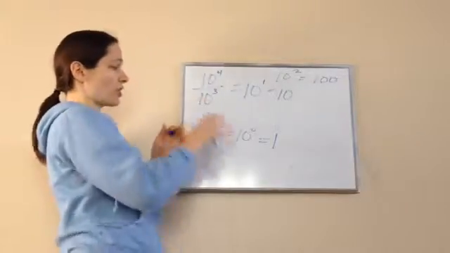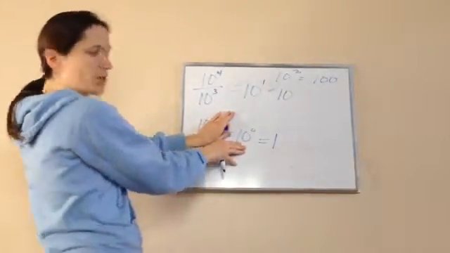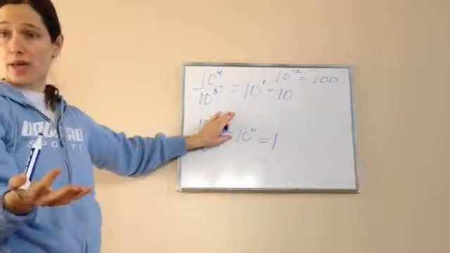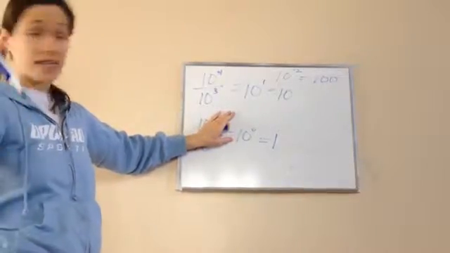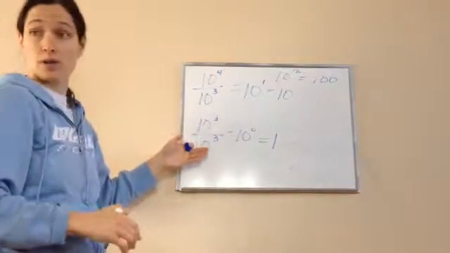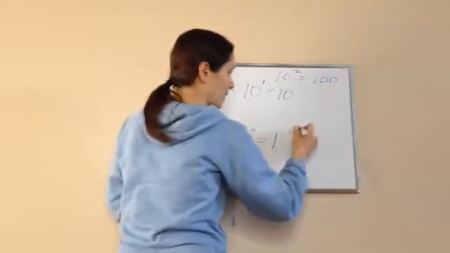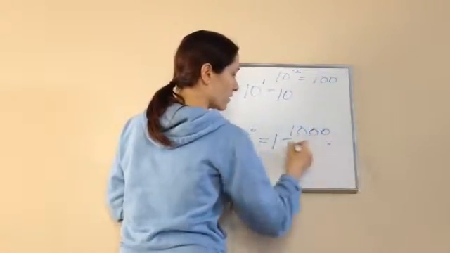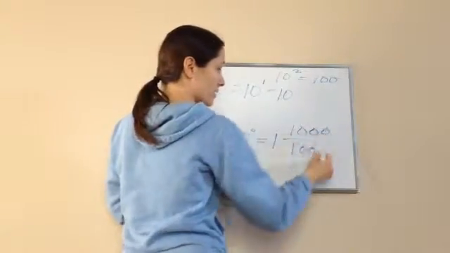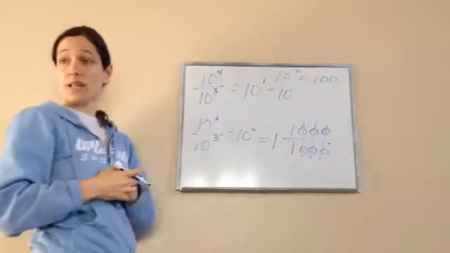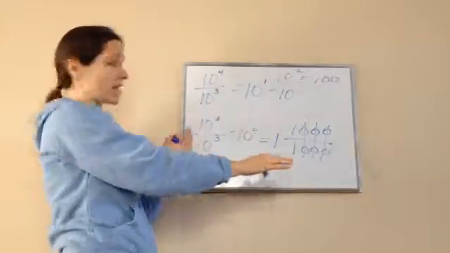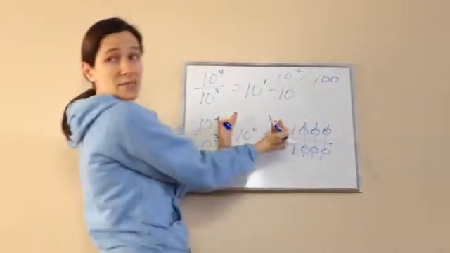So when you looked at this, 10 to the 0, you wouldn't automatically go, okay, that equals 1. But if you actually work it, 10 to the 3rd power divided by 10 to the 3rd power, you would know that equals 1 because 10 to the 3rd power is really that over that, and 1 over 1 is 1. So does it make sense when you look at it in that way?